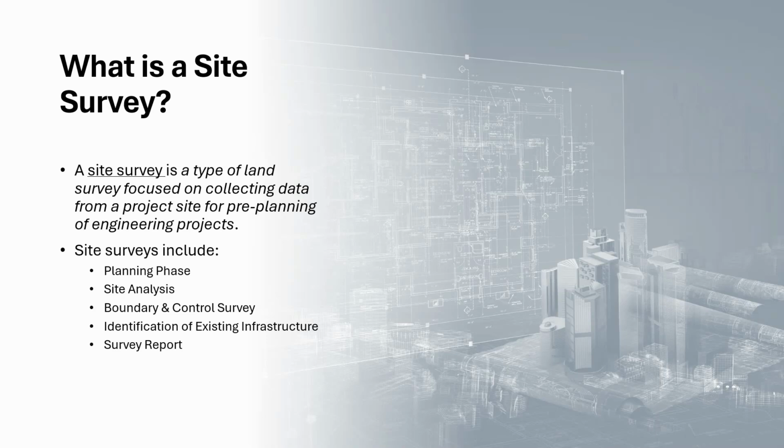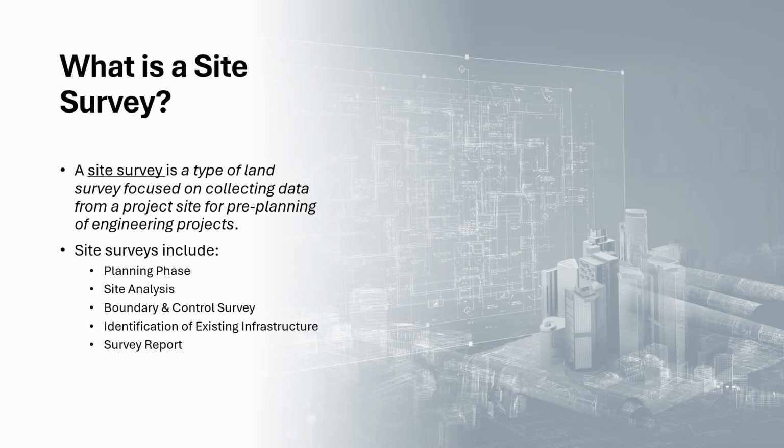Our boundary and control survey, and that's the real thing that we're here for. First and foremost, we establish that horizontal and vertical control and identify the legal boundaries of our site. That's the boundary and control survey phase.